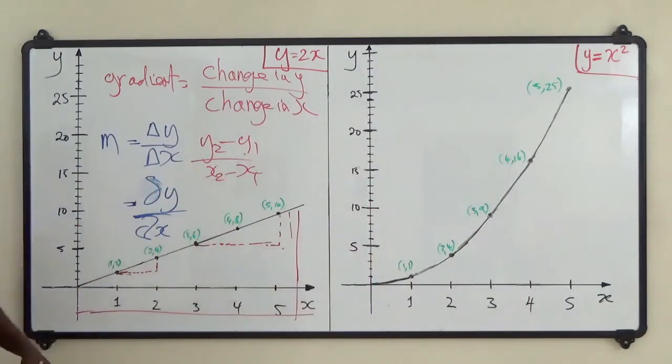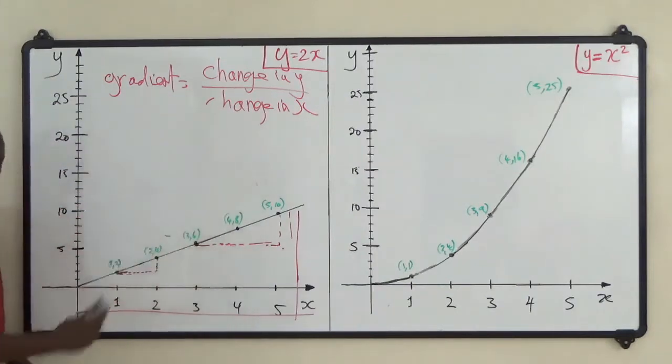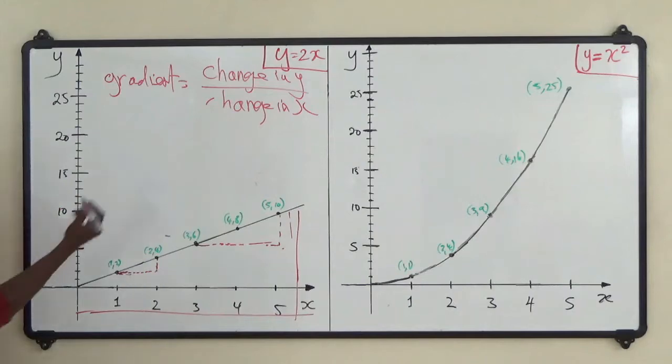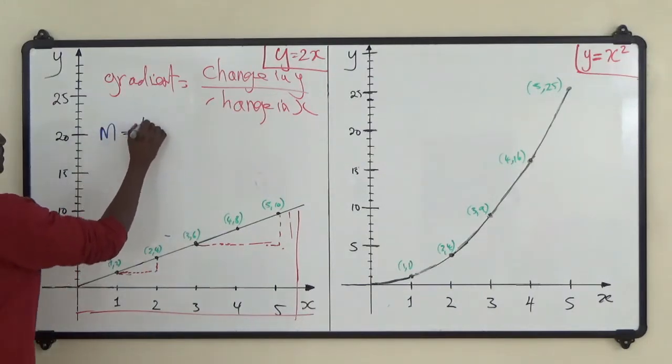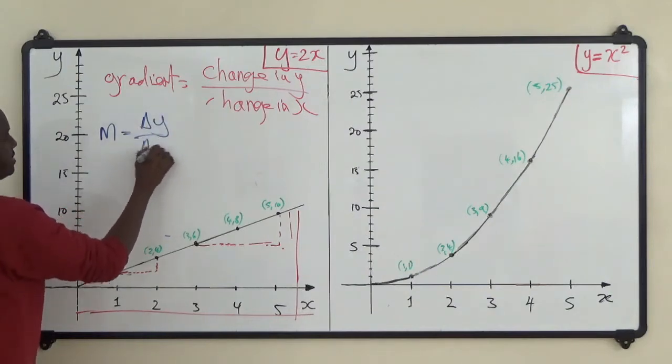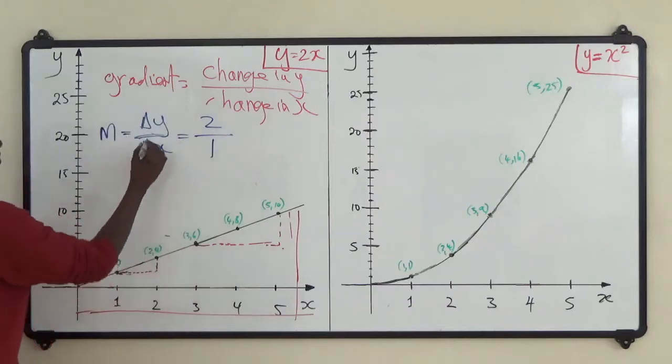What that means, and I'm going to rub off these guys here now, is that, let me say m, right? We start from a point of familiarity, m is equal to the change in y over the change in x, which is equal to 2. And we could say 2 is the same thing as 2 over 1.